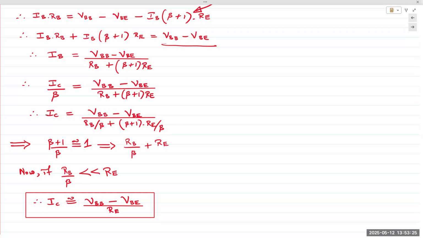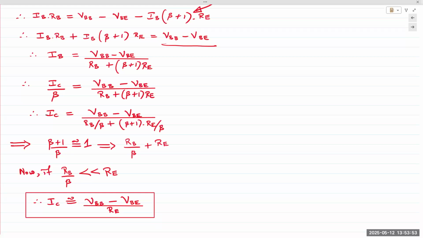Beta is typically large, far greater than the number 1. Even the 2222 transistor that we referred to in the lab had a lowest beta of 35. So even if you have a beta of 35, beta plus 1 over beta is going to be 36 over 35, approximately equal to 1. Make sense? Right?